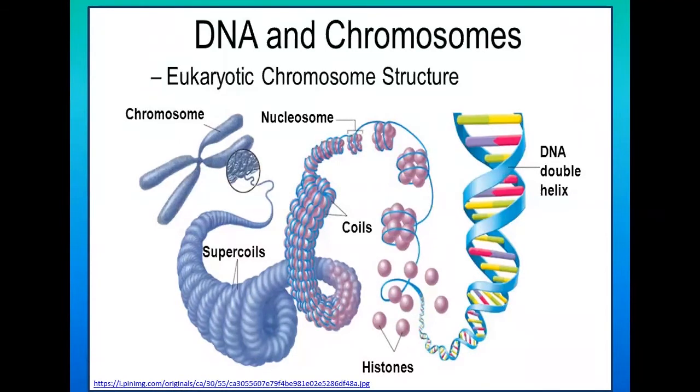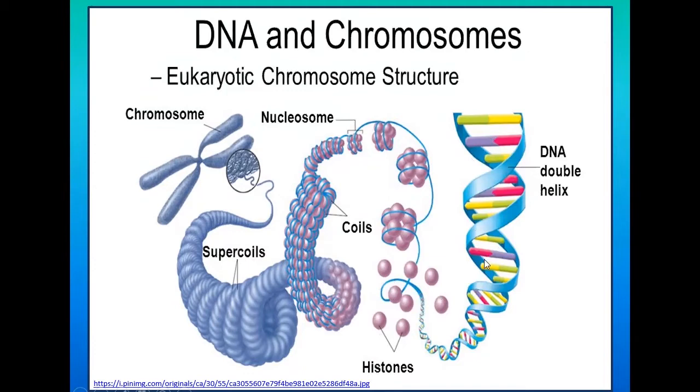So this is purely made up of DNA strands. And this DNA strand, as you can see from the illustration, coils on these bead-like structures, which we call histones. So these are bead-like structures, a type of protein called histones.